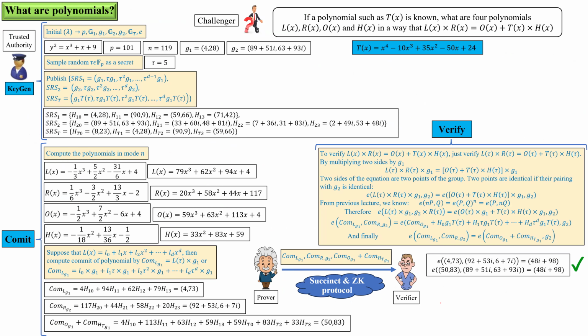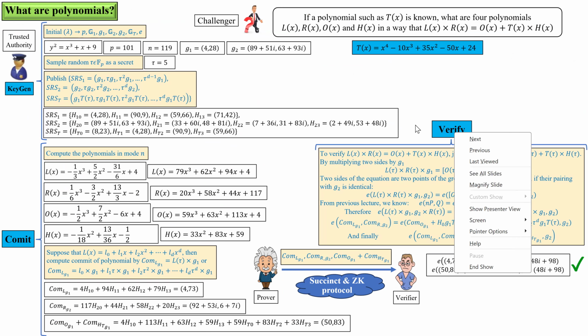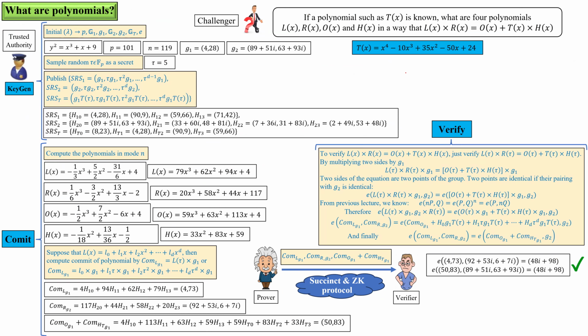Okay, so let's review the previous lecture very quickly to remember what the scenario was. Yeah, the protocol in the previous lecture asked who knows these four polynomials that satisfy this equation. We needed a trusted authority to generate these values, and then the prover converts these polynomials into mod n, and then commits to the values and sends the commit values to the verifier, and the verifier runs these parts, right?